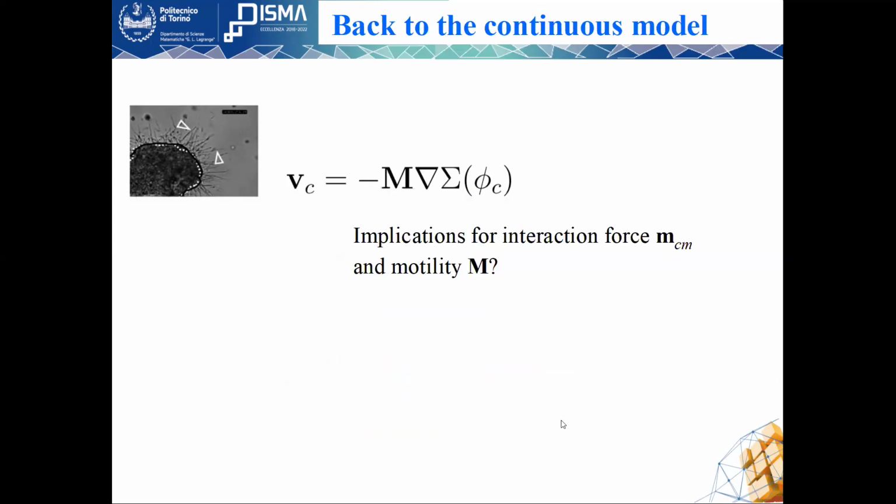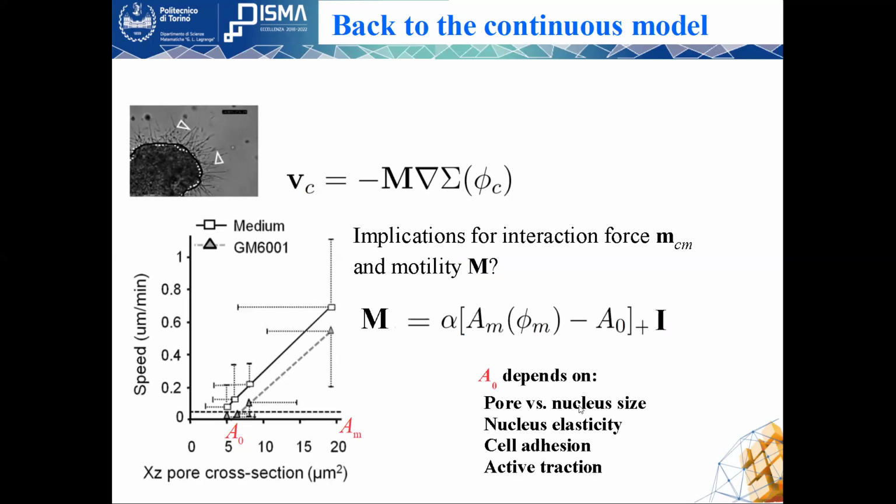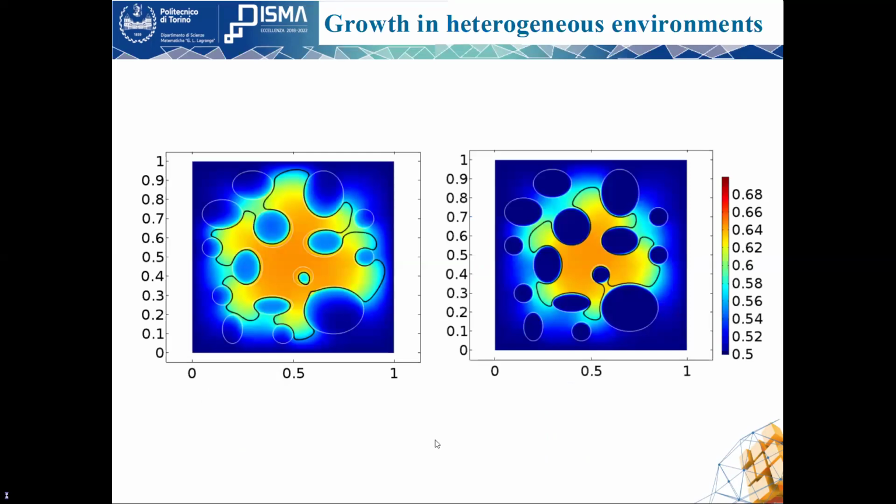In particular, it's a function of how big the pore is with respect to the nucleus size, but it's also a function of the nucleus elasticity, of the active traction the cell can exert, the ability of the cells to adhere to the extracellular matrix, and so to be able to pull on it. So you see that there are a lot of variables. And if I insert these ingredients in my model, this is what I get.